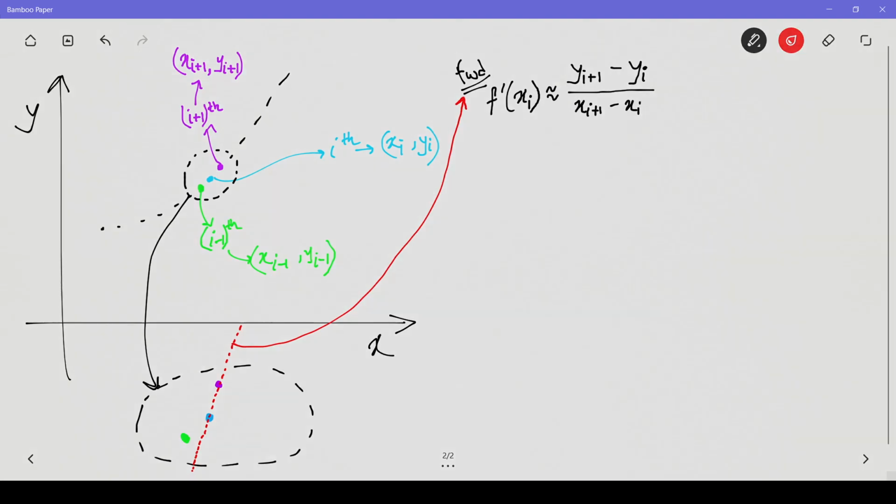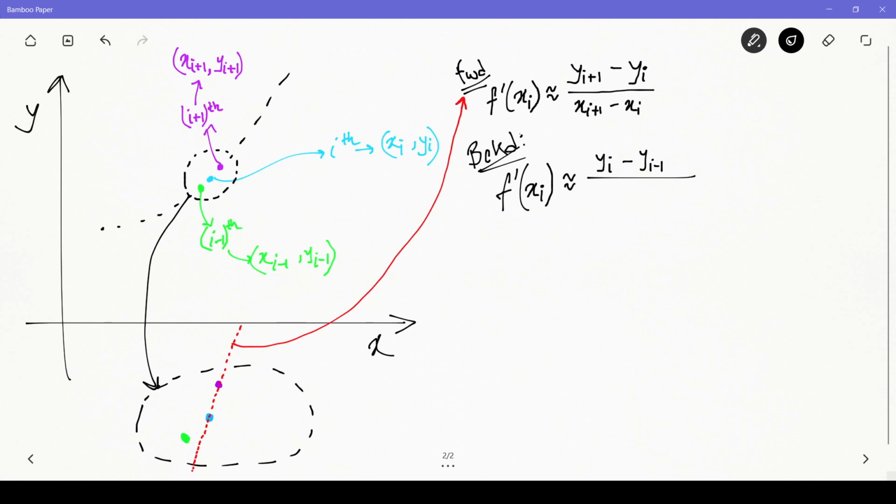Okay, now the second one, if you recall, was the backward difference, right? So for the backward difference, let's try to jot down the formula over here. I'm of course writing it in shortcut, and the backward formula says that the approximation of my first derivative at the point x sub i is equal to the ordinate of my ith point minus the ordinate of my i minus 1 point.